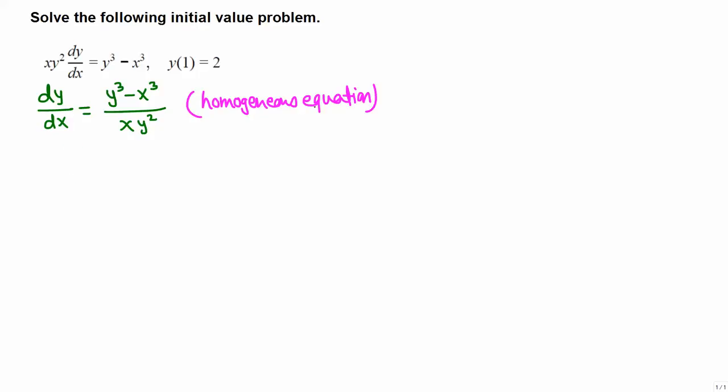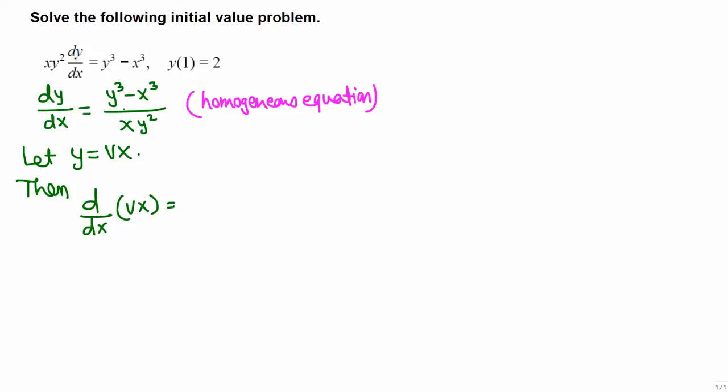Whenever we have a homogeneous equation with the same degree, we let y equal vx. Then we replace throughout y by vx. That is d over dx, the derivative of y is vx.